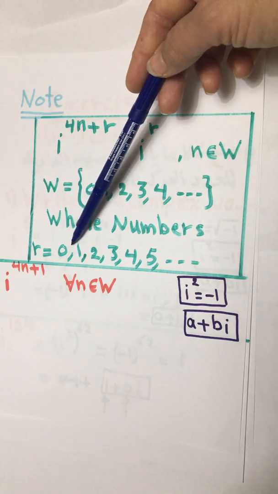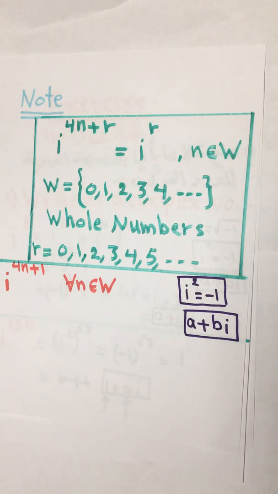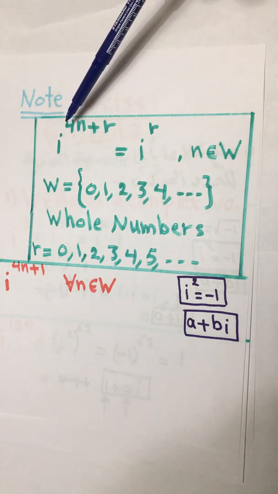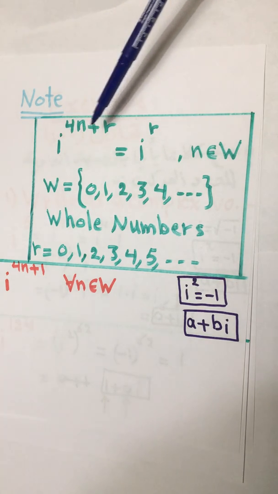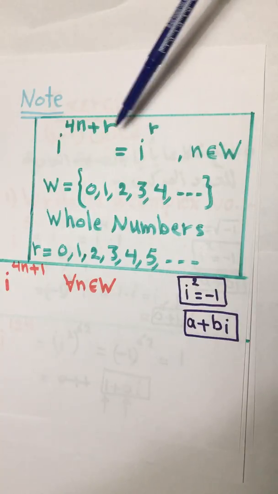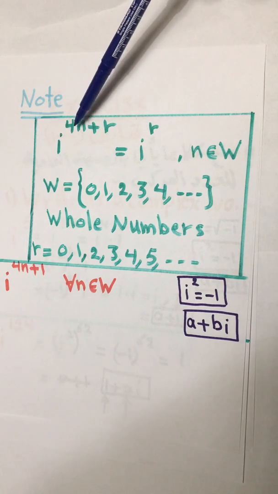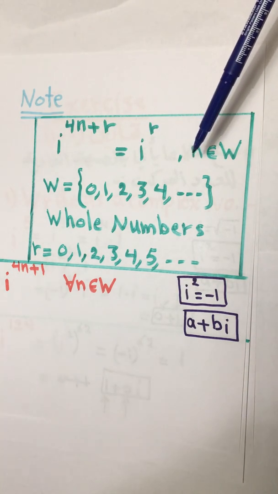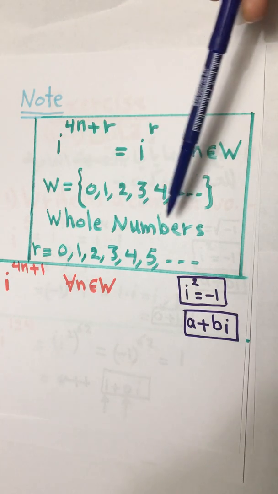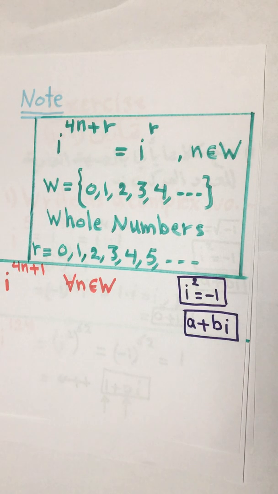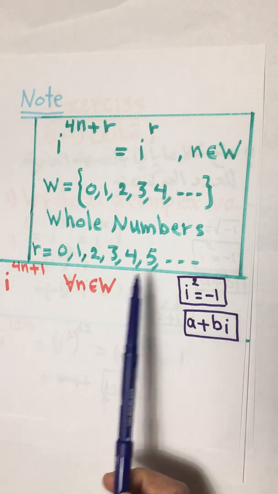R equals 0, 1, 2, 3, 4, 5 and so on. So we have this note: I raised to 4n plus r equals I to the power r.